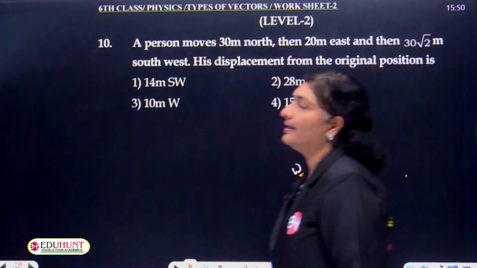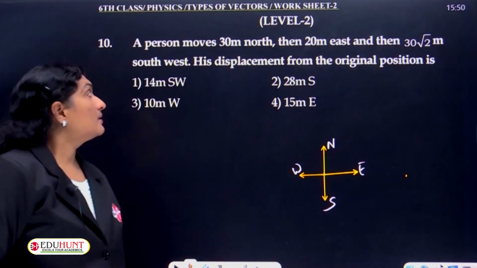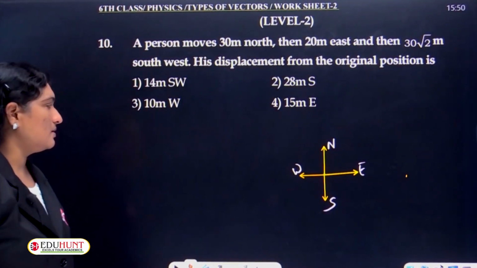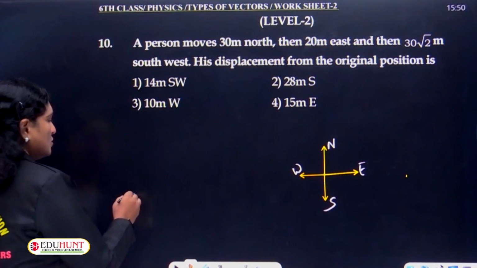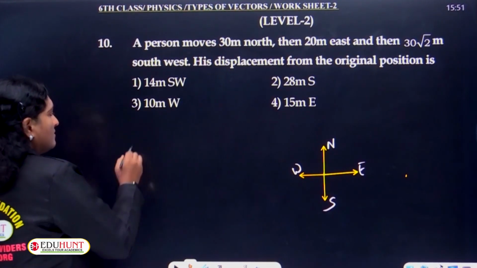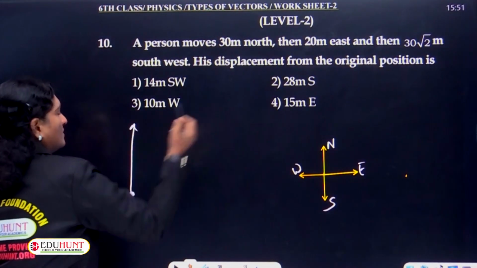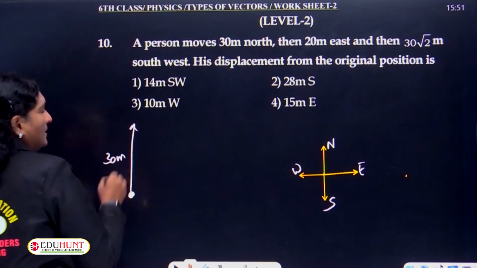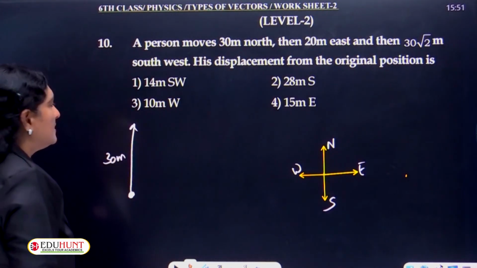What they were saying is a person moves 30 meters towards north. So first of all, he was moving towards the north direction. How long, children? 30 meters. Then 20 meters east.